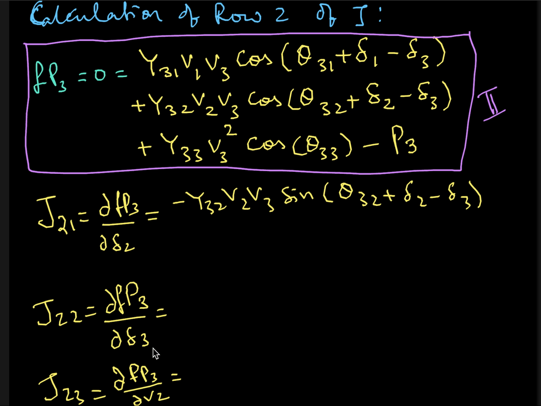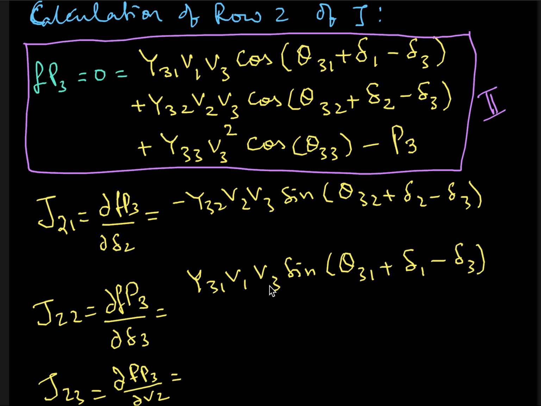Now let's do the second term, J22. Differentiate this with delta 3. Delta 3 is in the first and second terms, so I'll get two terms here. So cos with a minus delta 3 will become sine, and because of this minus, the minus will cancel out. So the differentiation, I'll get y31 v1 v3 sine of theta 31 plus delta 1 minus delta 3.